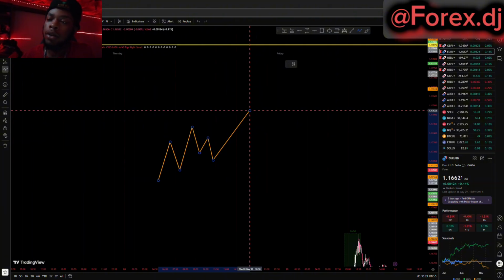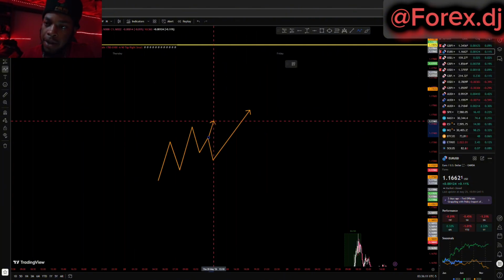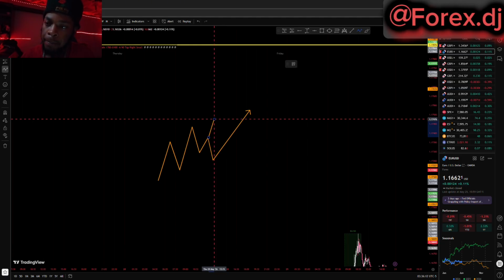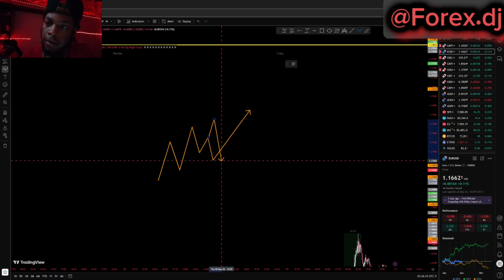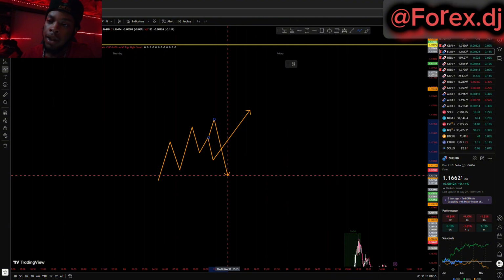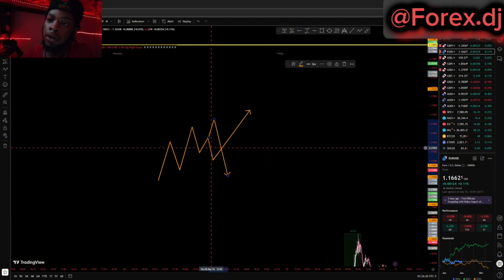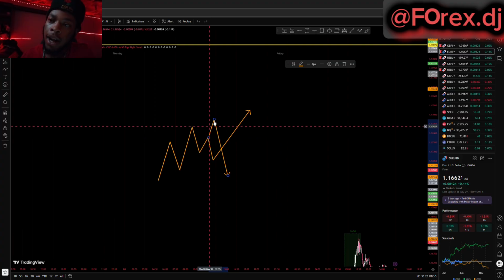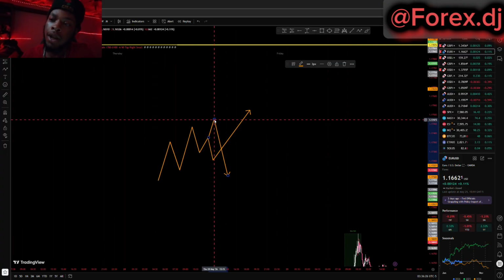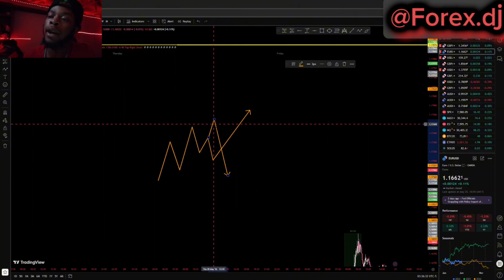But it could also go the other direction. Let's say price comes up, sweeps this high, and then moves down. It's pretty much the complete opposite of what I just said about coming down and sweeping these lows. If we come up and sweep a high, most people are thinking we're just going to continue the uptrend, so they enter buys, waiting for a little pullback on a lower time frame and then clicking buy.